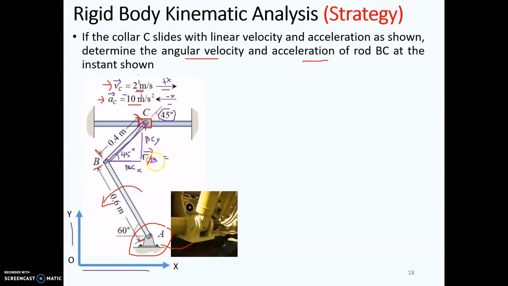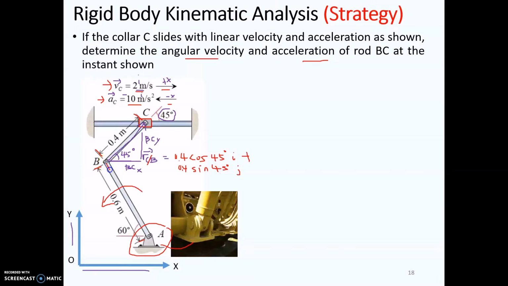This indicates the vector is from B to C. So your relative displacement is equal to 0.4 cos 45 in the x direction plus 0.4 sin 45 degrees in the y direction.